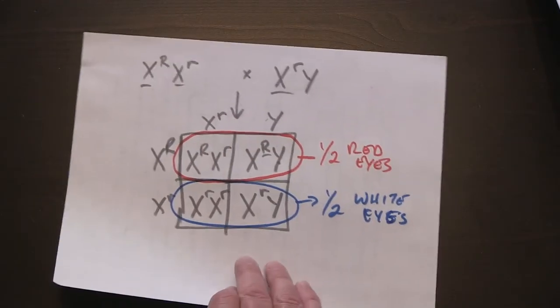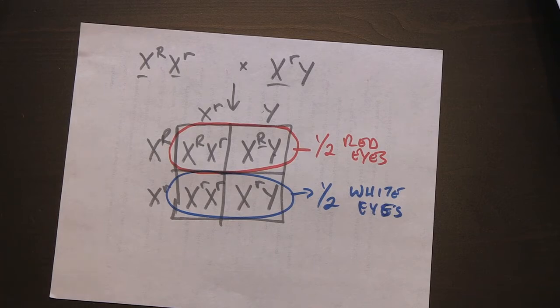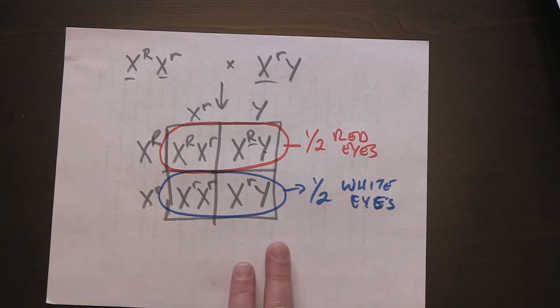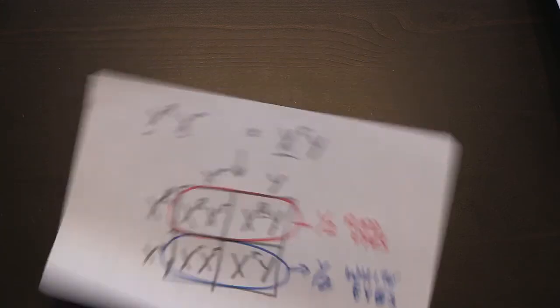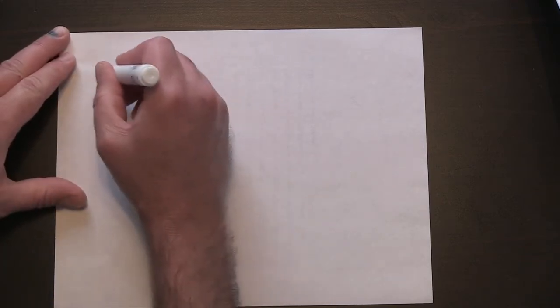So hopefully by now you're very comfortable with the Punnett squares, and this is all making sense. Of course, please ask me if it's not, and we can practice. So, grab a piece of paper, and I'm going to give you just a real quick pop quiz.